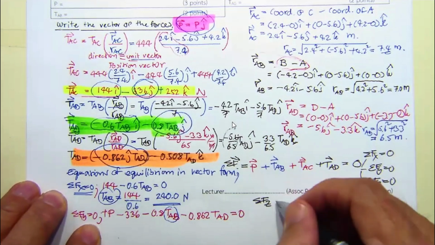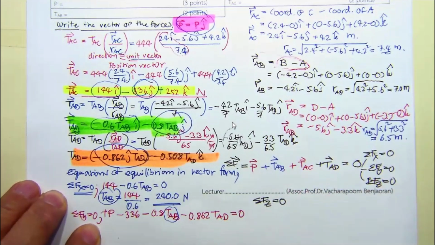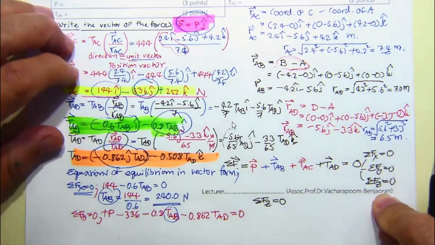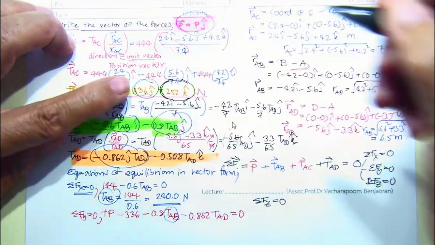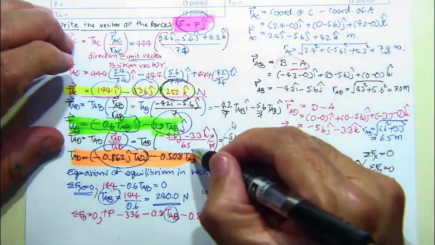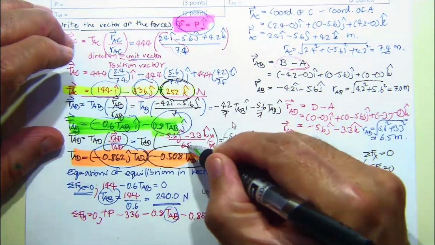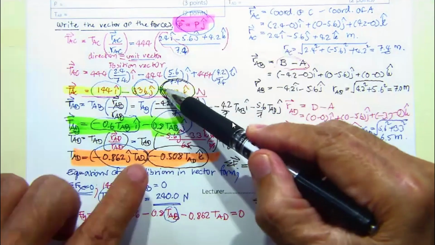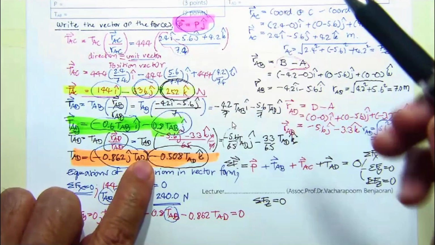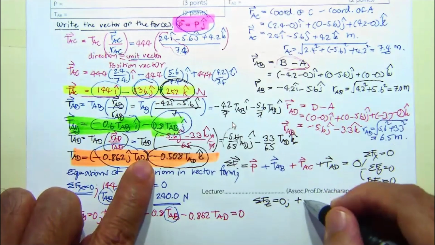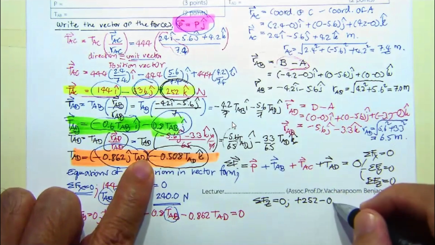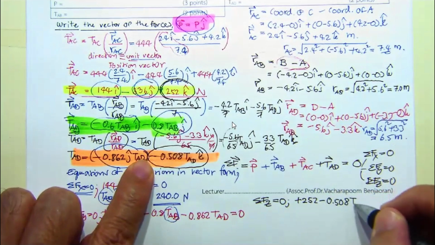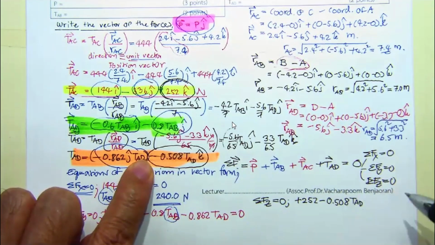Summation of F sub z equal to 0. Taking for the component of the z. Okay, this is the component of the z. This is going to be the component of the z. This is positive. This is negative. You have plus 252 minus 0.508 T sub AD, then equal to 0.